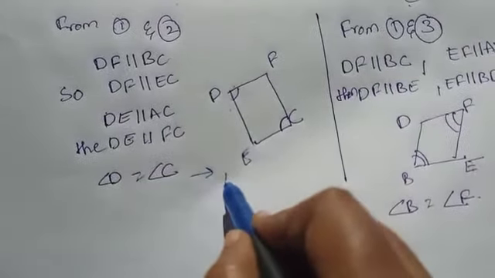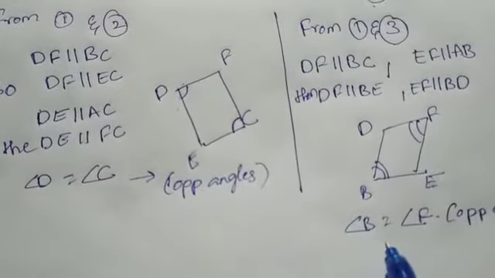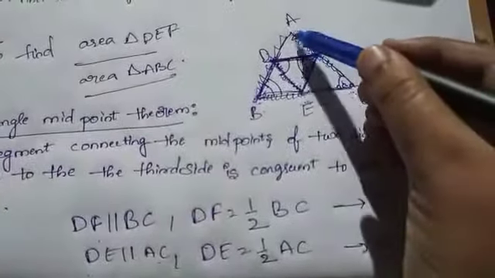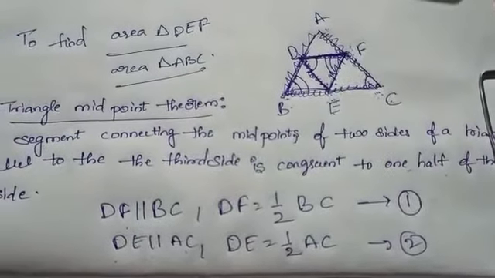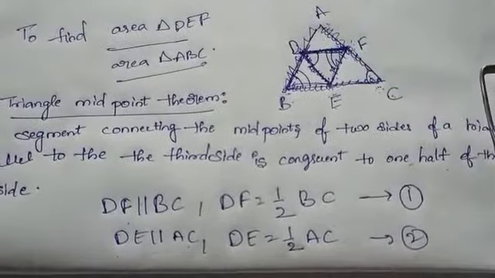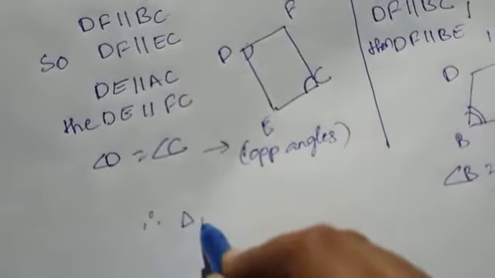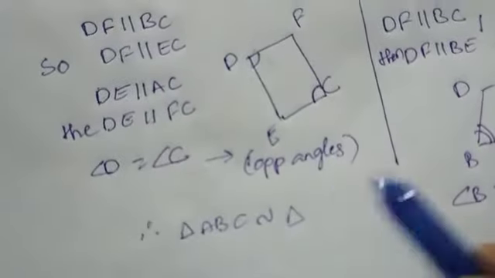So here, using the angle similarity criteria, triangle ABC is similar to triangle DEF. Therefore, triangle ABC is similar to triangle EFD.